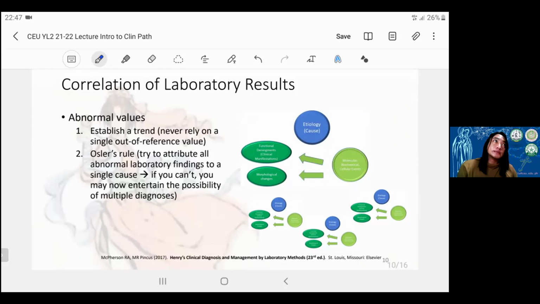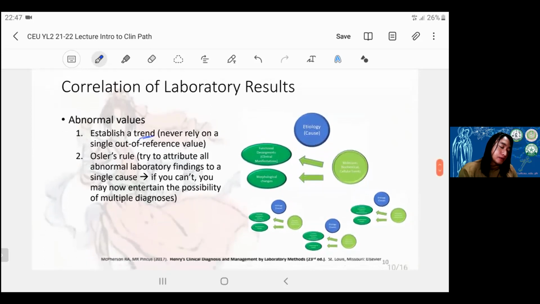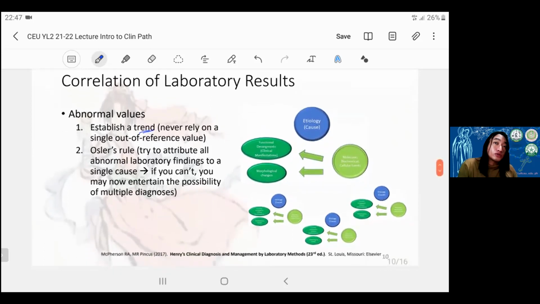If you have an abnormal sodium, you don't say outright that the patient is hyponatremic. You need to establish a trend of these out of reference or normal values.